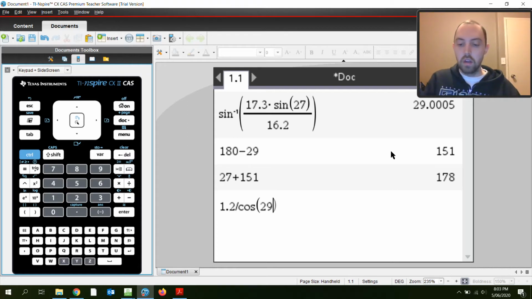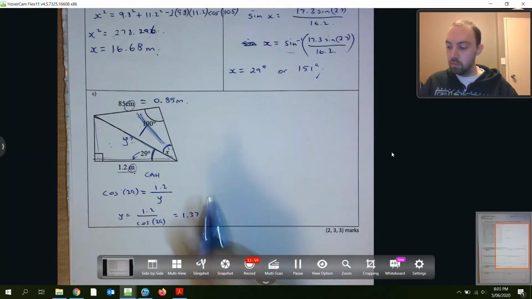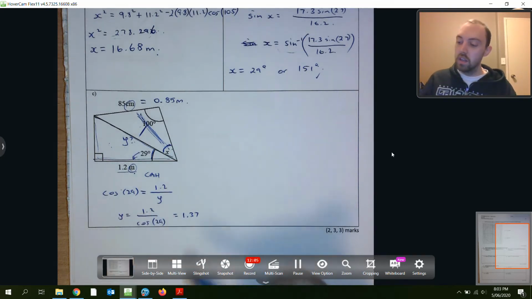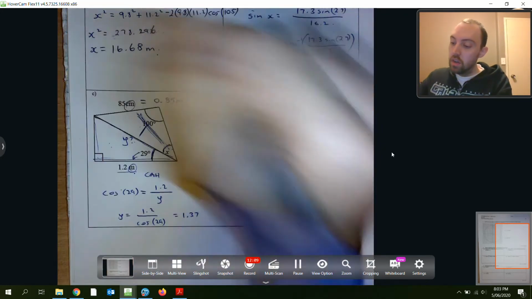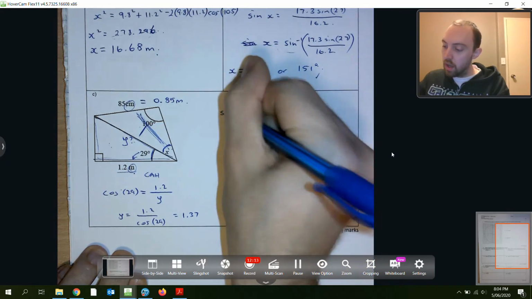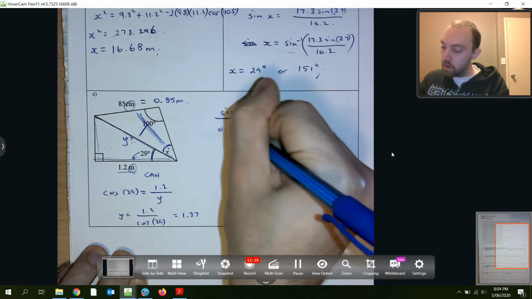but gotta be careful with rounding. So I can say that this is equal to 1.37 now, but when I use that value in my next calculation, I want to make sure that I am carrying the rest of it. So, sine rule, I am trying to find x, sine of x on 0.85.